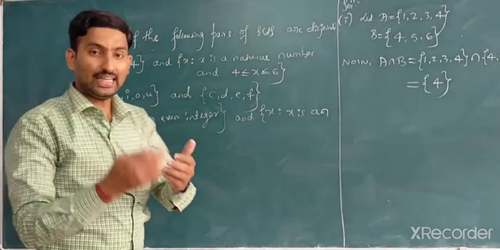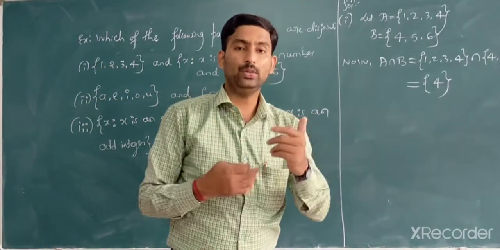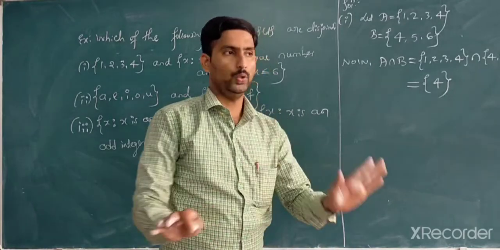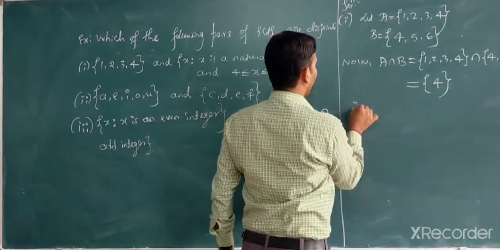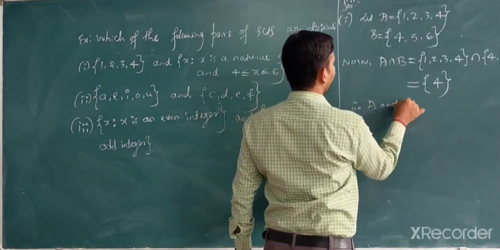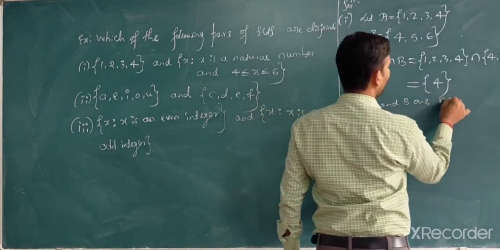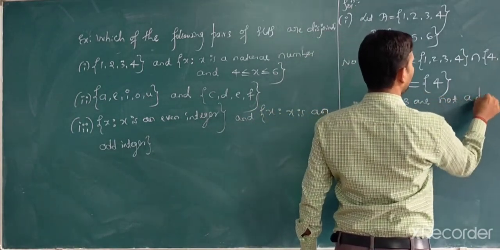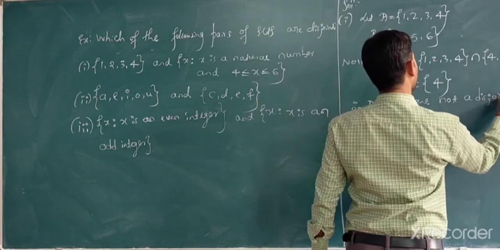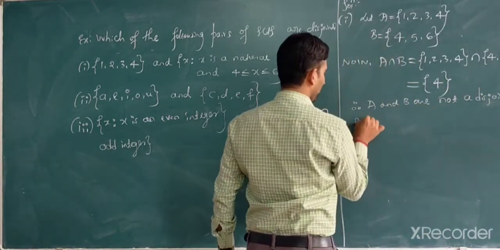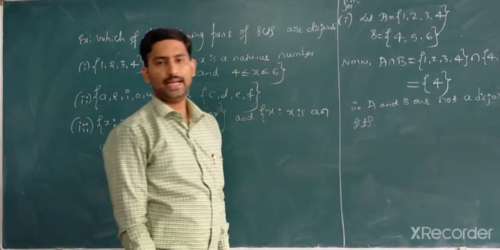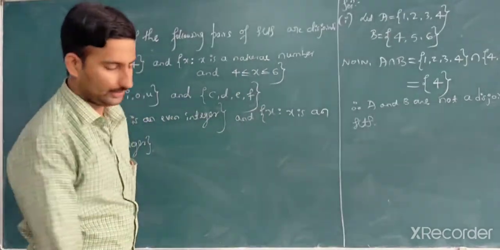If there is a common element, are those sets disjoint sets? No. Therefore, A and B are not disjoint sets.